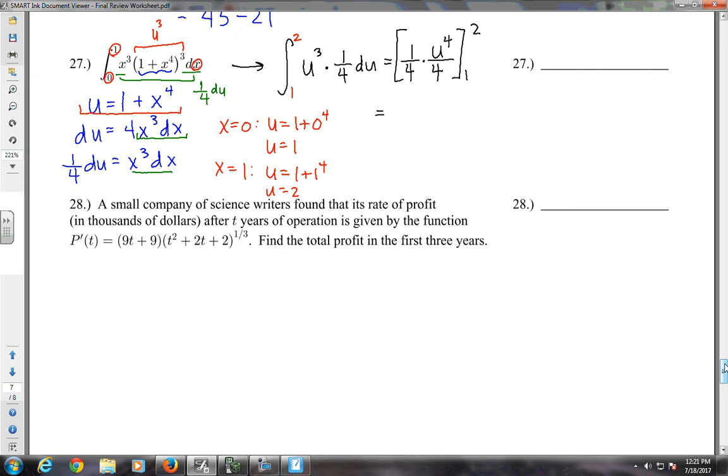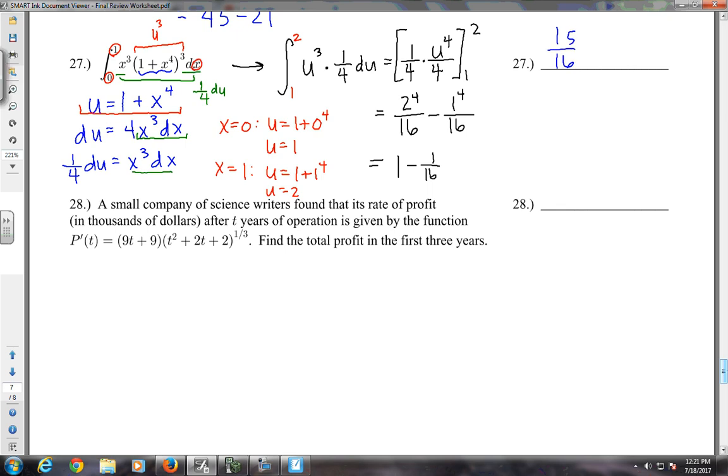Notice that 4 times 4 in the denominator there is 16, and we'll plug in our upper limit minus lower limit into our antiderivative. Let's see, 2, 4, 8, 16 over 16 gives me 1 minus 1/16. I'm going to think 16 over 16 minus 1 over 16. We end up with 15 over 16.